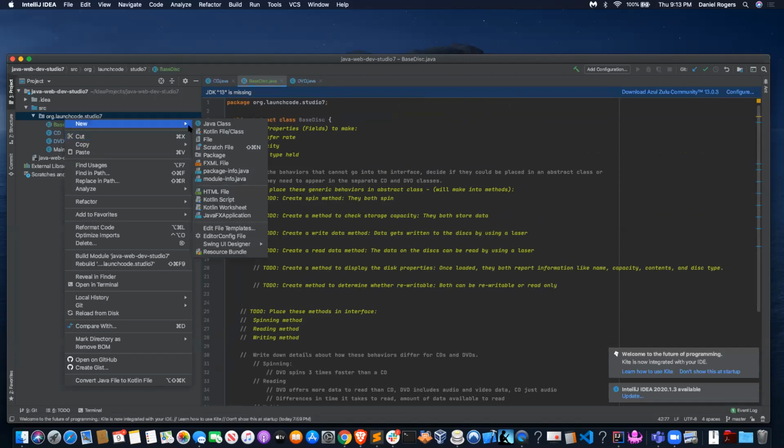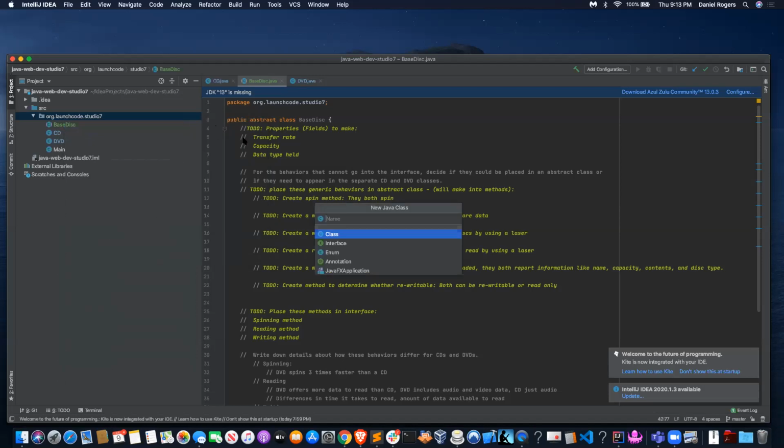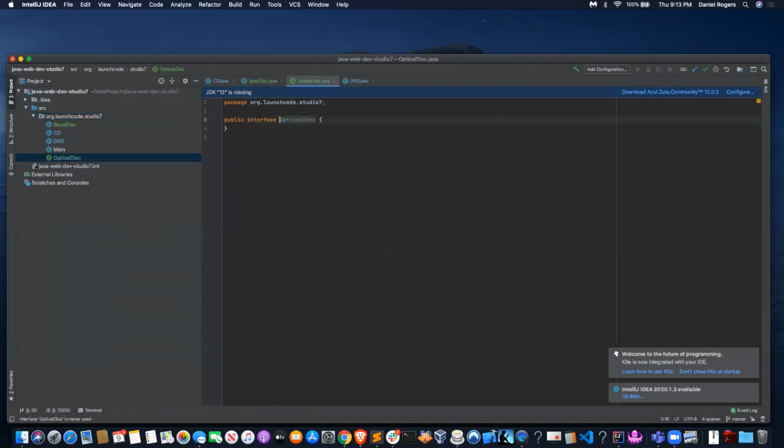So new, and they want us to call it optical disk. Oh, interface. Optical.